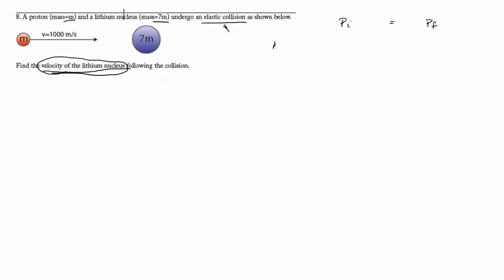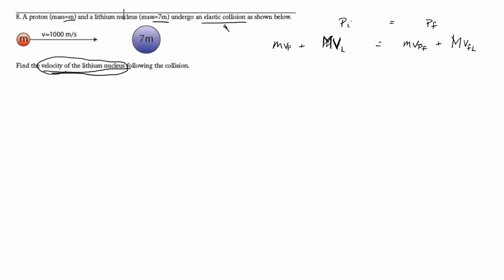The initial momentum is m v of the proton plus big M, so that it's the big guy, times the velocity of the lithium, and this should equal the mass of the proton times the velocity of the proton final, I'm going to call this VPF, plus big M, big V, FL.